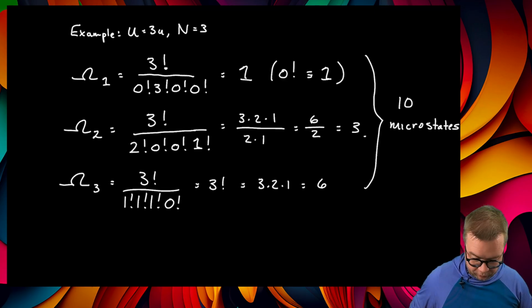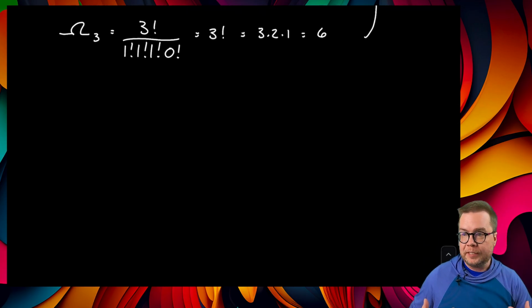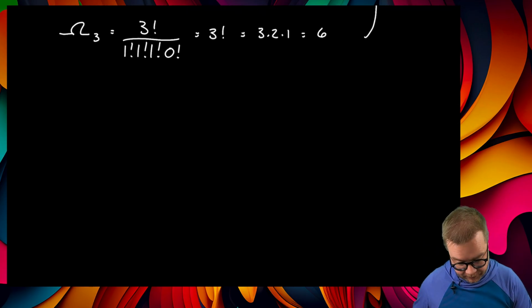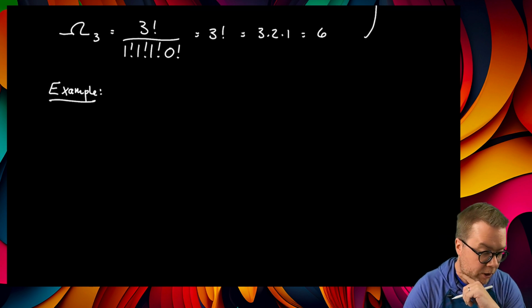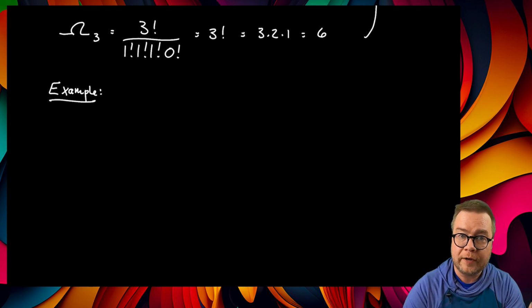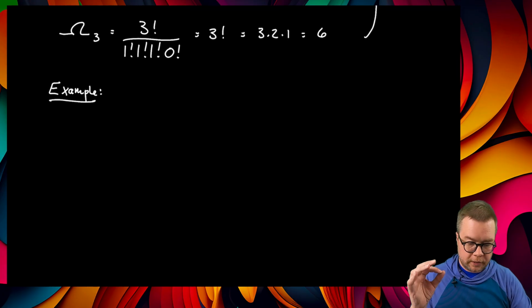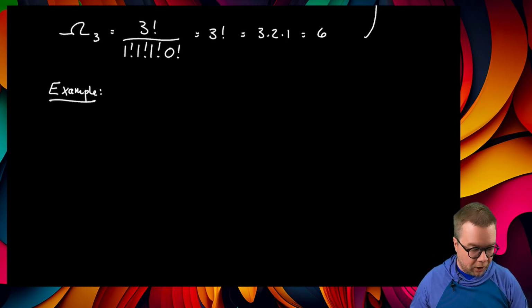Let's do another example really quickly to show you how these numbers start to really scale when you get to bigger and bigger things. Remember, the assumption here is that these particles are constantly moving from one arrangement to another. So the arrangement of the particles is constantly changing, but they're all equally probable.